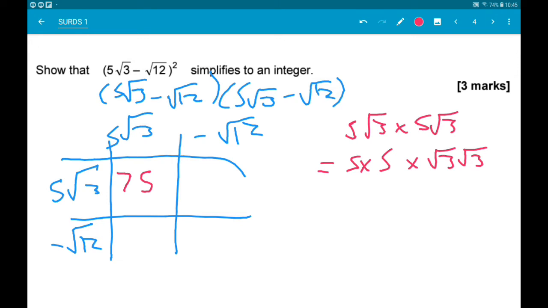Okay, then we have 5 root 3 times minus root 12. So that's going to give us negative 5 root 3 root 12. Now, surds multiplied together, so this is minus 5 root 36.